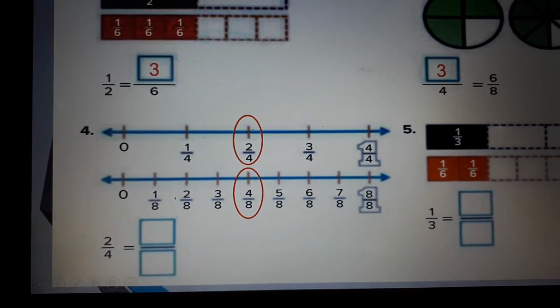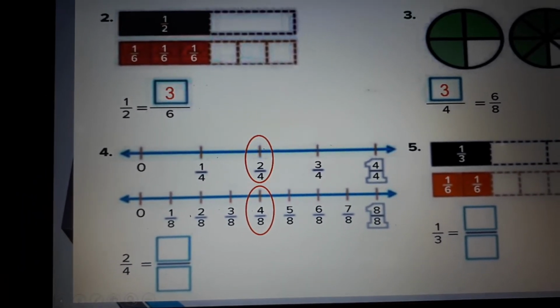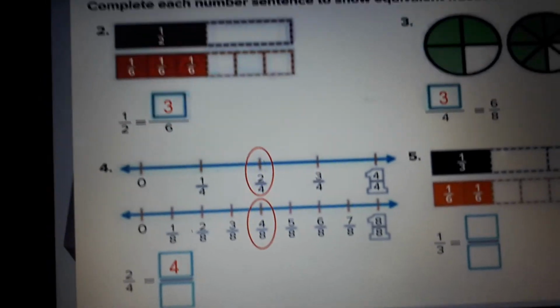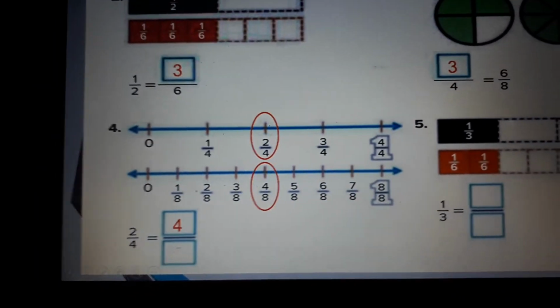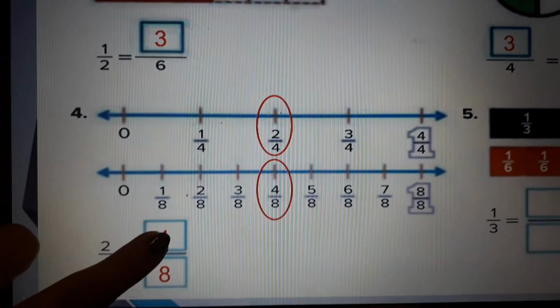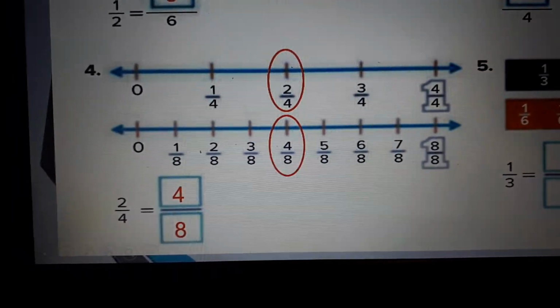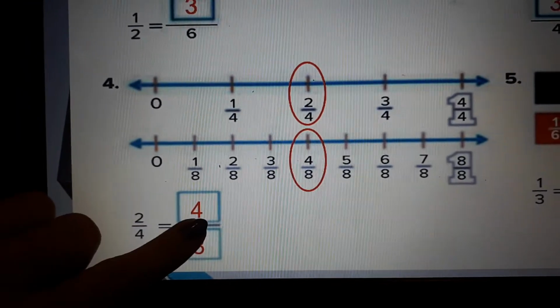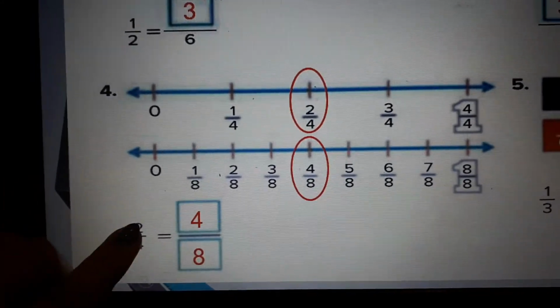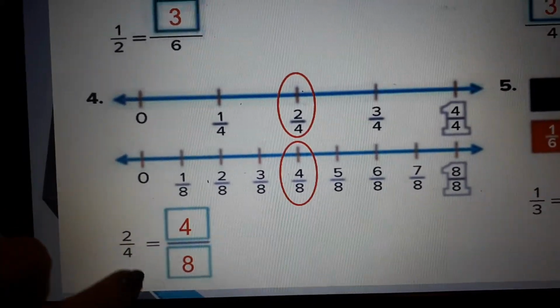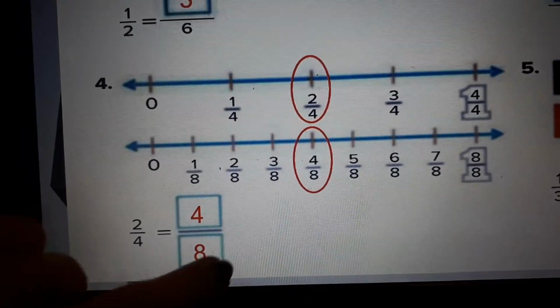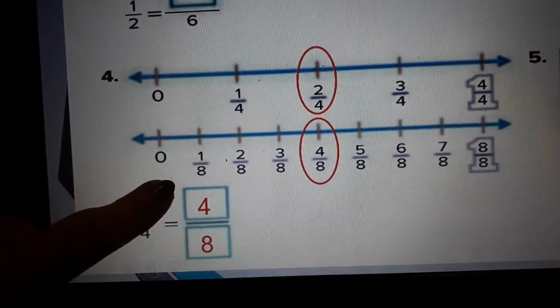So 2 over 4 is equal to how many? 4 over 8. Who can tell me? Boys, look here. 2 times what equals 4? 2 times 2 equals 4. So because I multiply the numerator, I have to multiply the denominator by the same number I did up above.